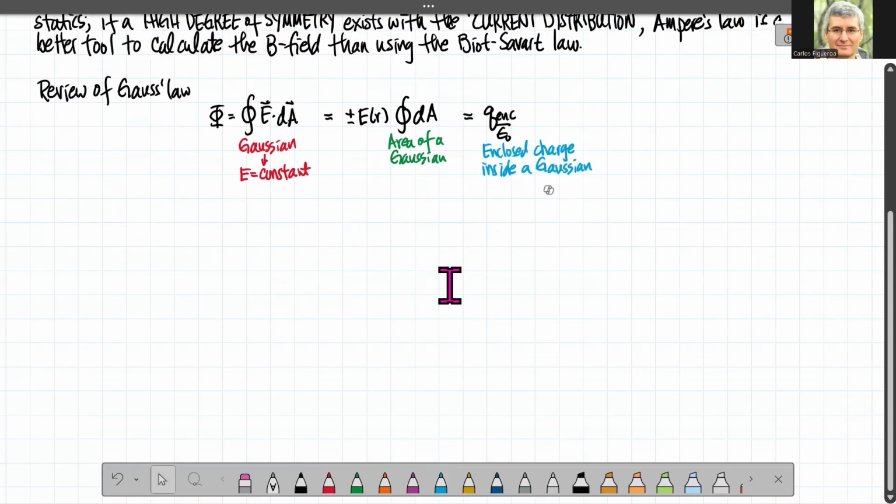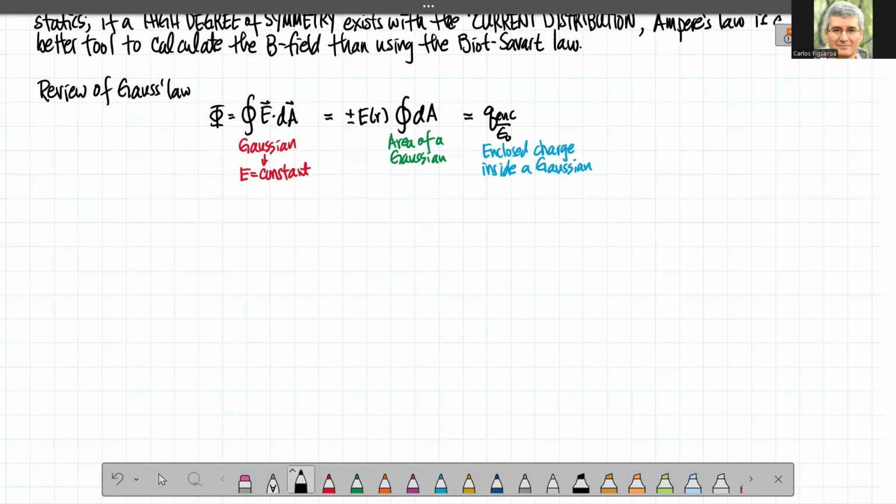So I want to apply the same type of thinking to Ampere's law. How about if we start setting up for Ampere's law?